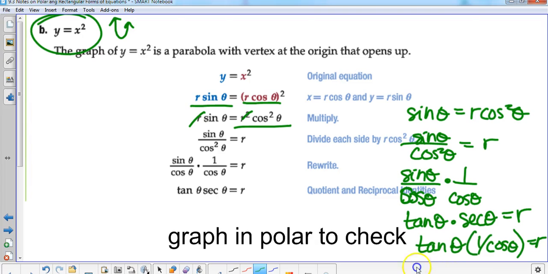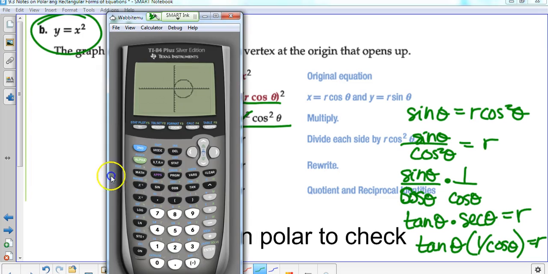So we're trying to graph this and make sure we got an equation that makes a what again? Parabola. So I'm going to do tan theta times 1 over cosine, because that was how we had it originally. Does it make a parabola? Did it do it kind of weird?